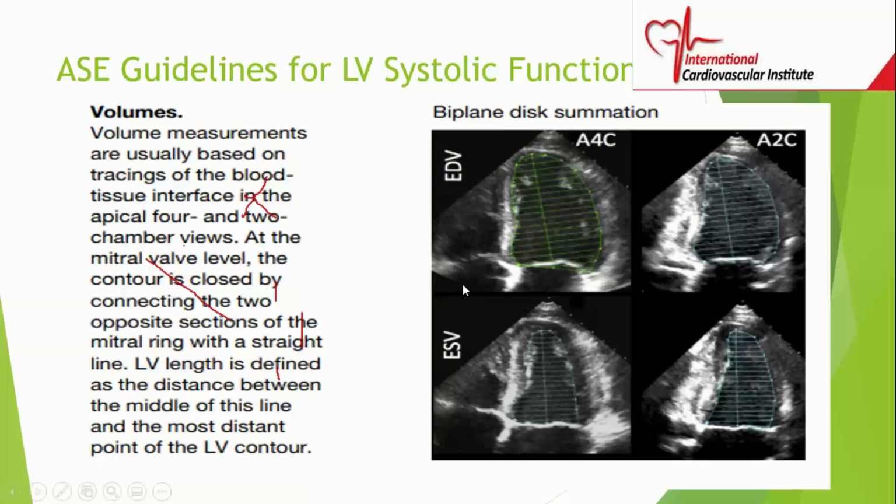The LV length is defined as the distance between the middle of this line and the most distant point of the LV contour. All right, so that is ejection fraction.